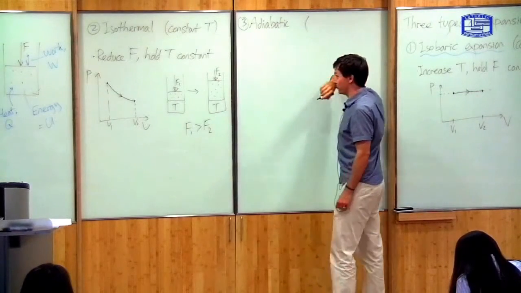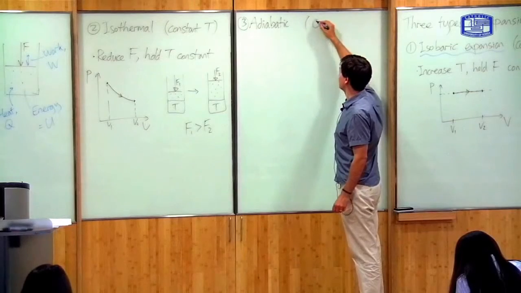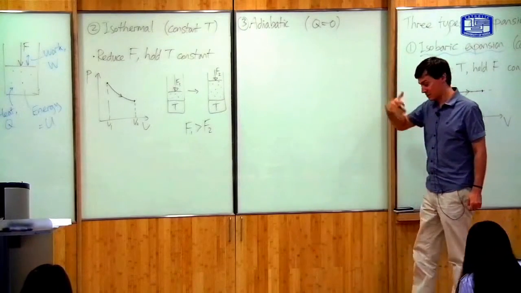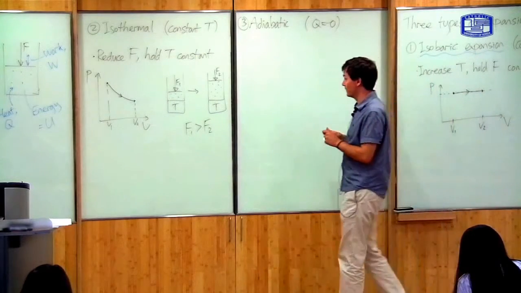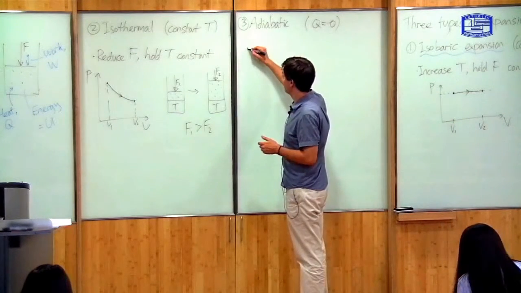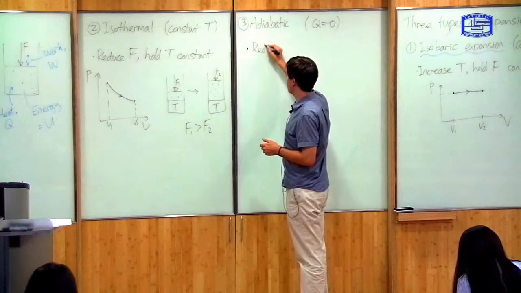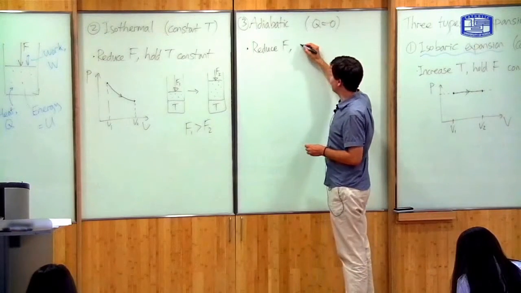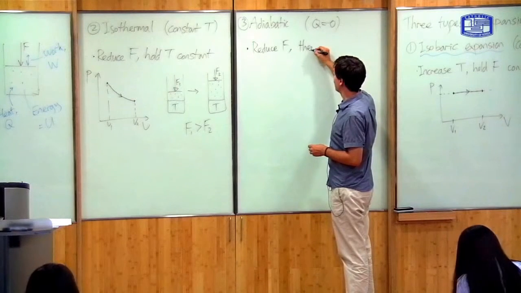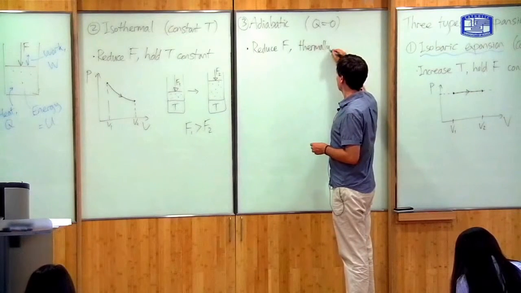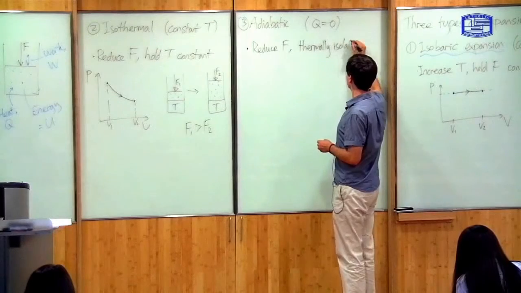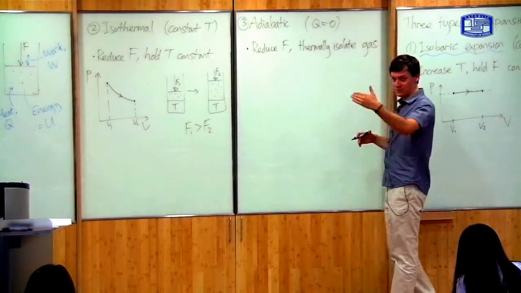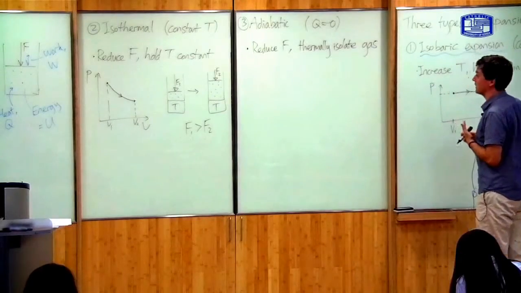The point of an adiabatic expansion is that no heat is transferred, so heat does not go in or out. So you reduce F and thermally isolate the gas. You do not allow heat to flow either into or out of the gas in this case.